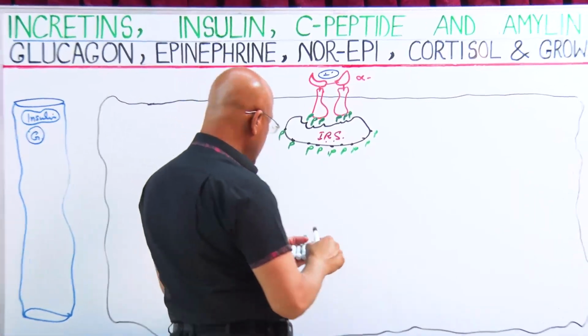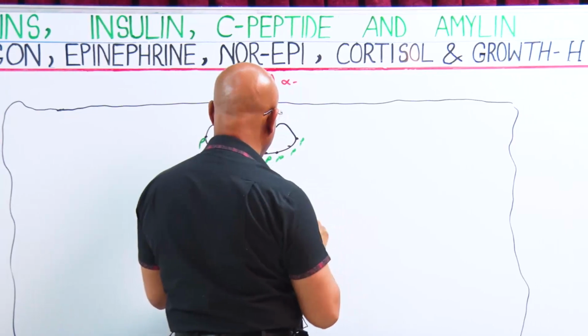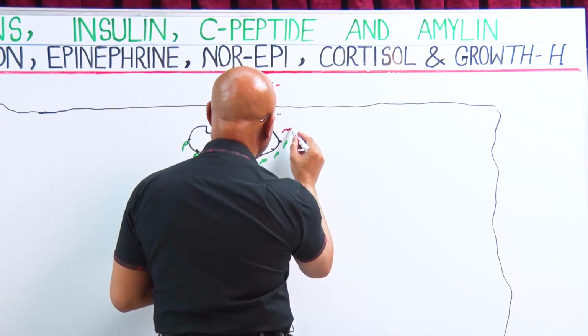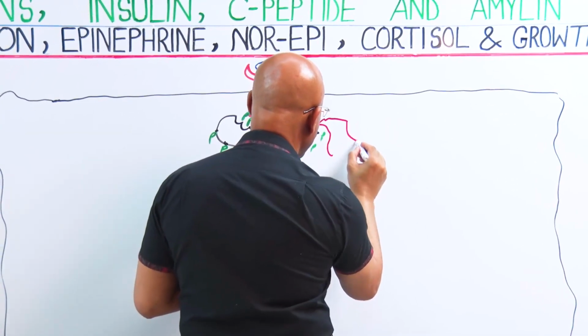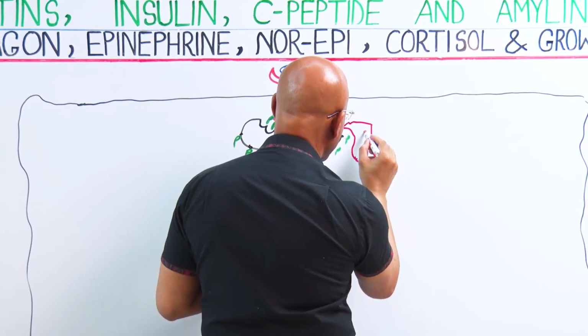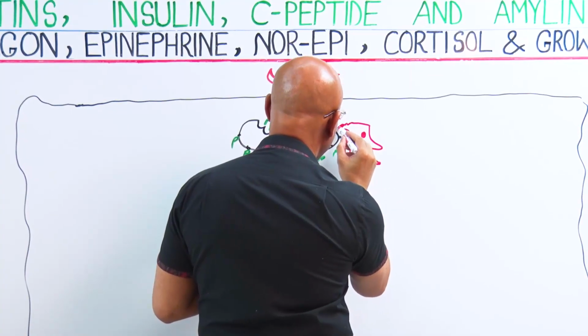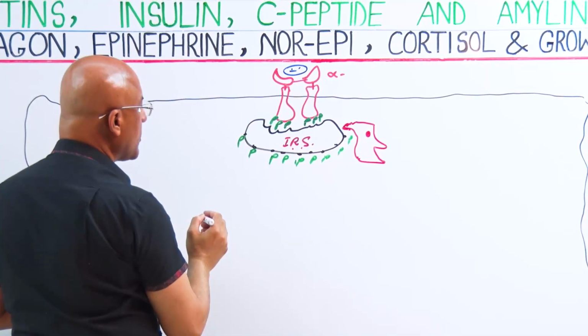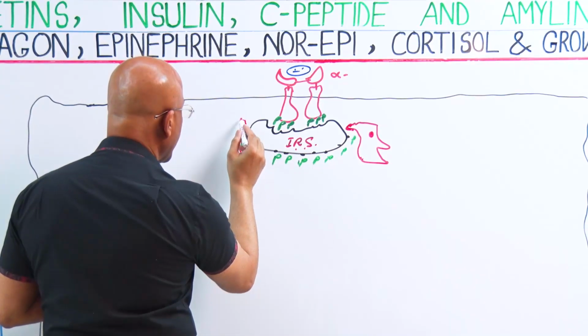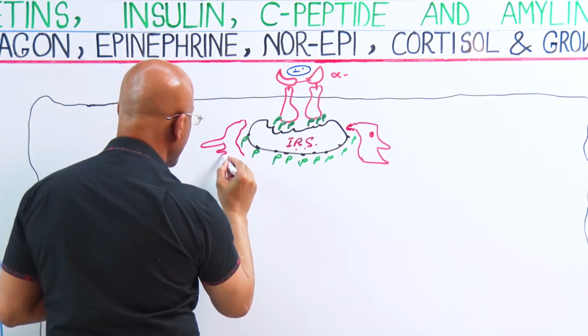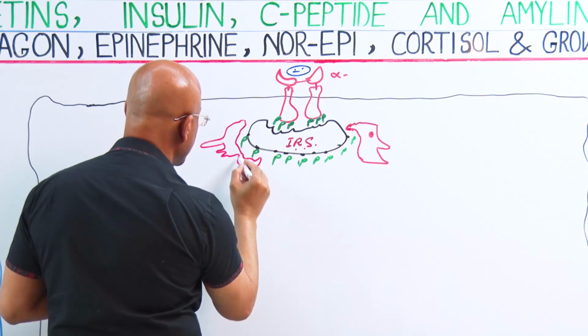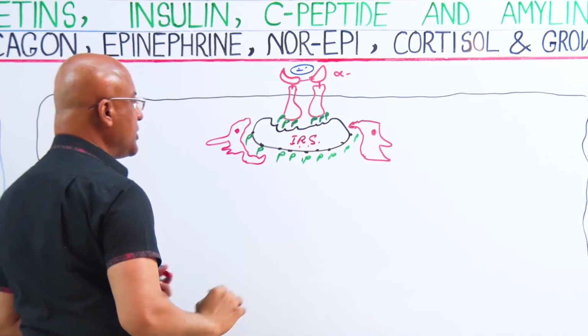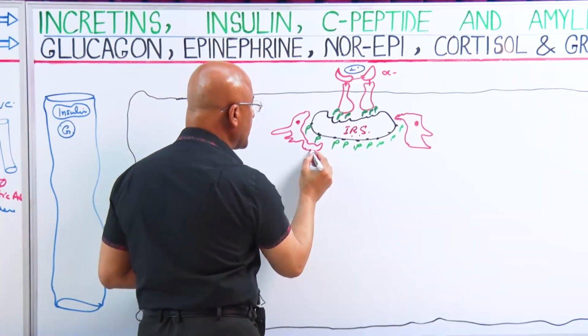One pathway is that it will bind with a special enzyme on this side. One enzyme binds over here, another protein binds over here.